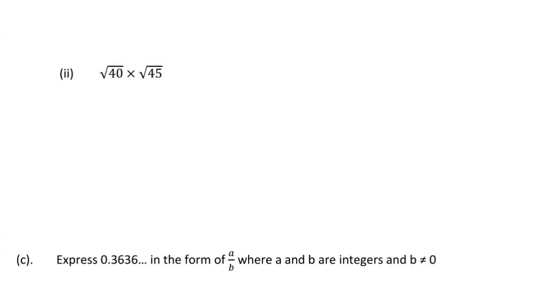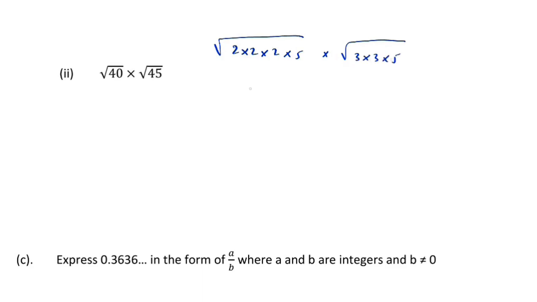For part 2, we are supposed to simplify under root 40 times under root 45. Okay, so to simplify this, we can express the numbers in terms of their prime factors. So we are going to have under root 2 times 2 times 2 times 5 times under root 3 times 3 times 5.